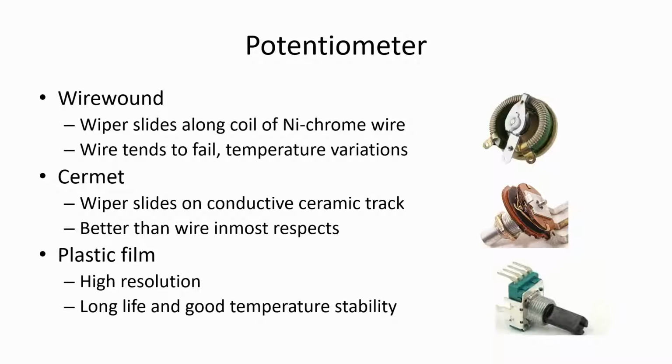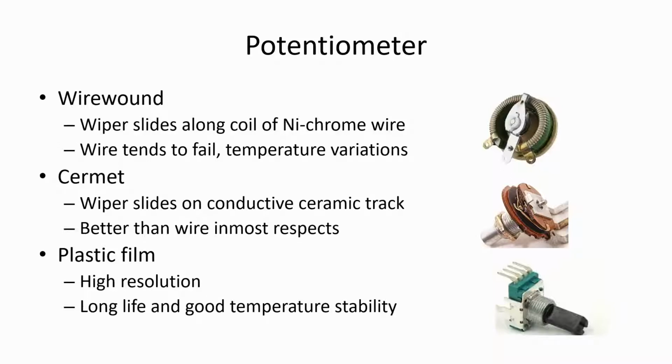Here the chance of failure is higher compared to the other types, due to temperature variations or other factors. The cermet type has a wiper that slides on a conductive ceramic track.